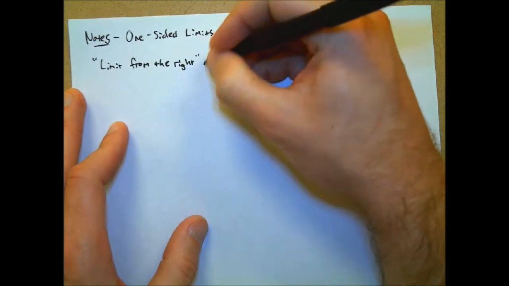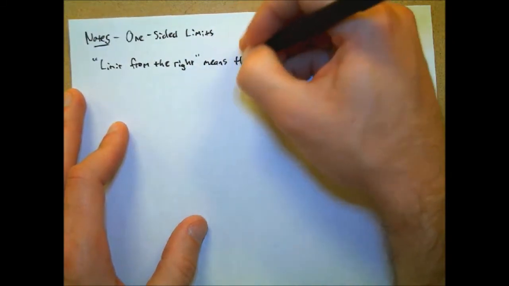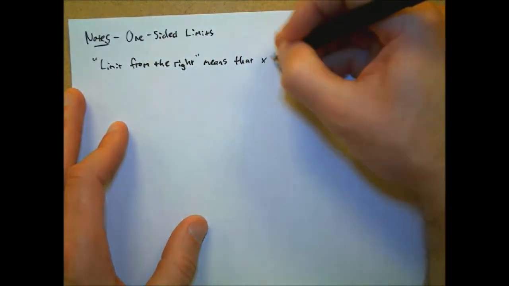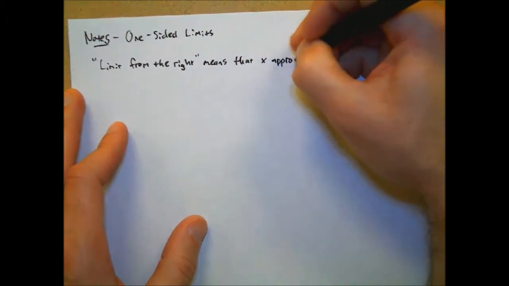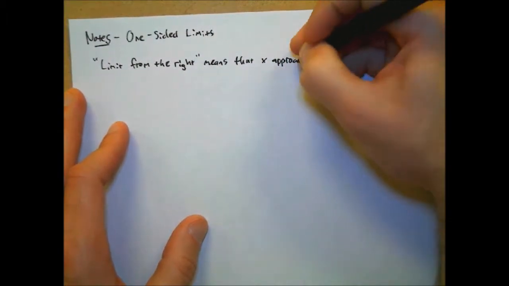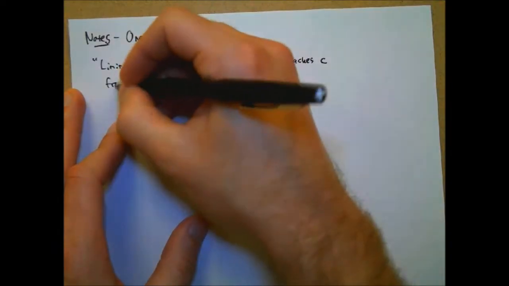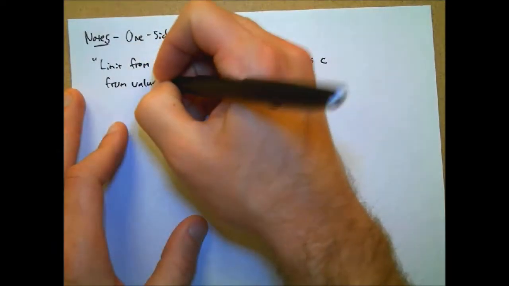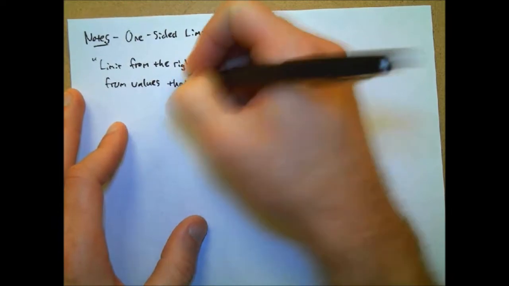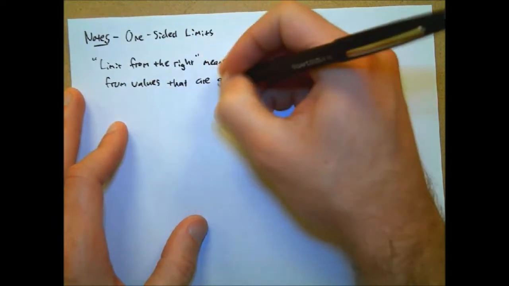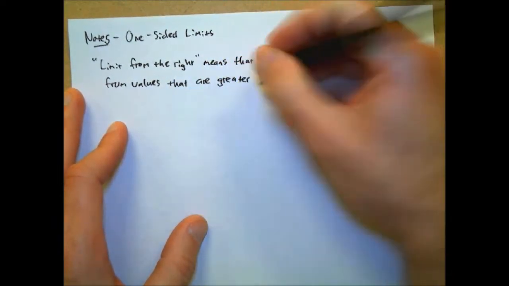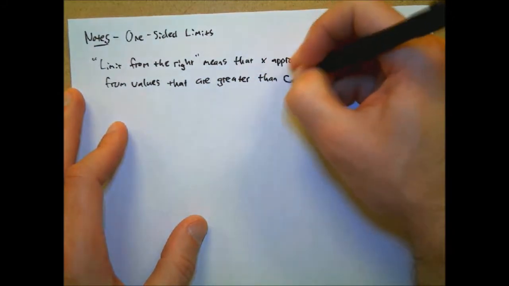So the limit from the right, which I'll put in quotes, means that x approaches c from values that are greater than c, right? Because that's from the right.